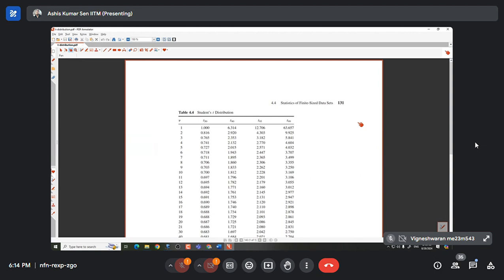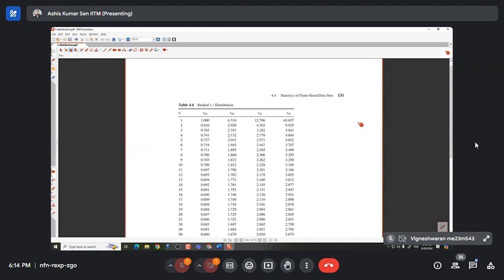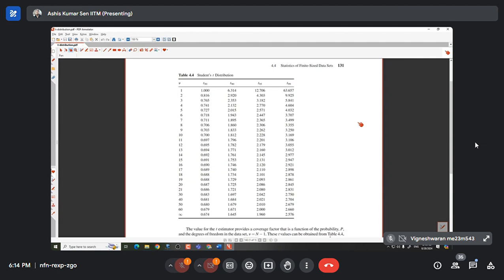Are you able to see this table that is on my screen? Yes, sir. If you look at this table, it has the degree of freedom in different rows. So you have 1, 2, 3, etc. up to infinity. Okay. And in different columns, you have the probability. The subscript here stands for the probability.